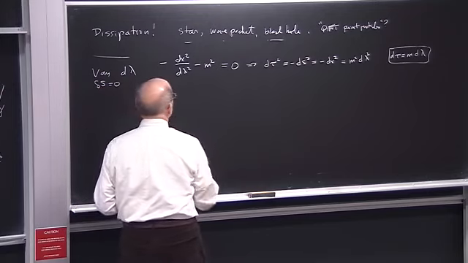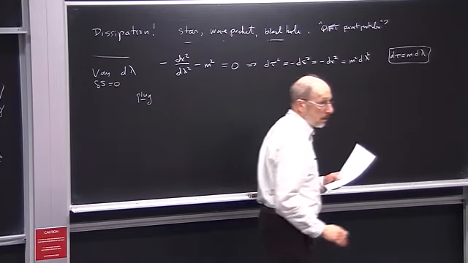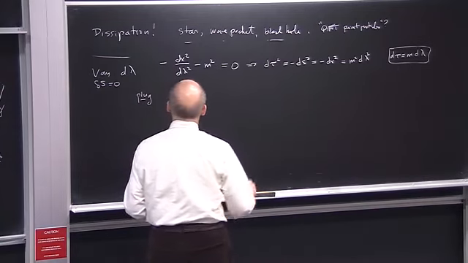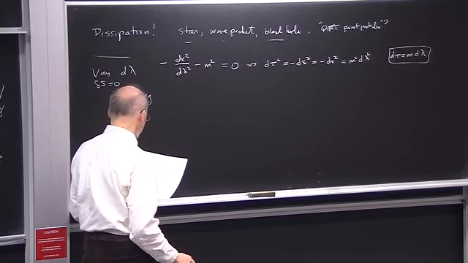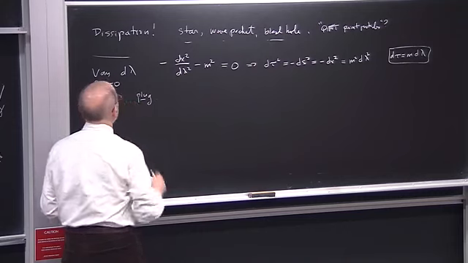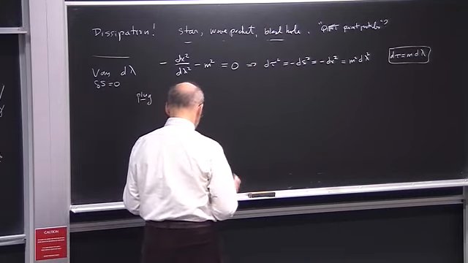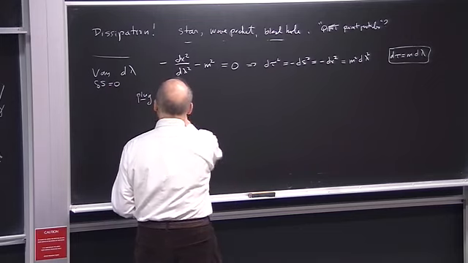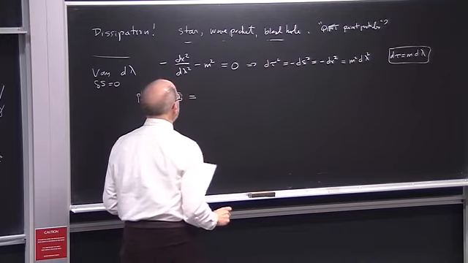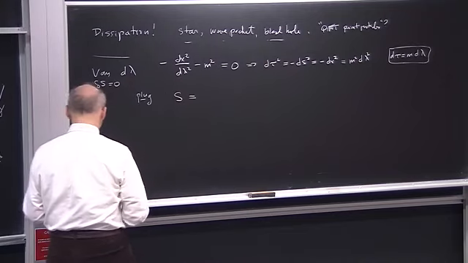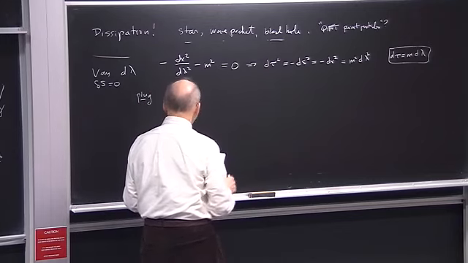So let's put lambda on shell, as people say. In other words, we'll assume that the equation of motion that comes from varying lambda is satisfied. Sometimes people say integrate out lambda, but that's a very confusing language for it, thinking of the path integral. But anyway, we'll assume that lambda satisfies its equation of motion. So what do we get then?